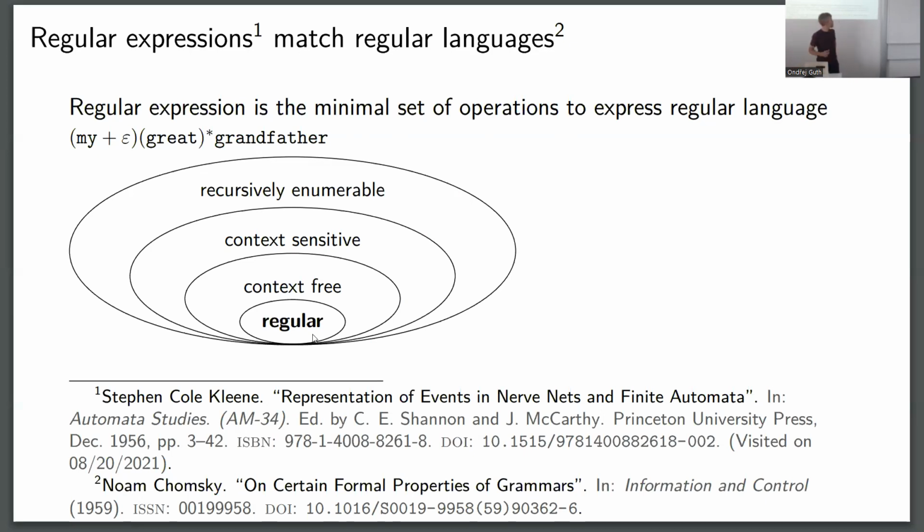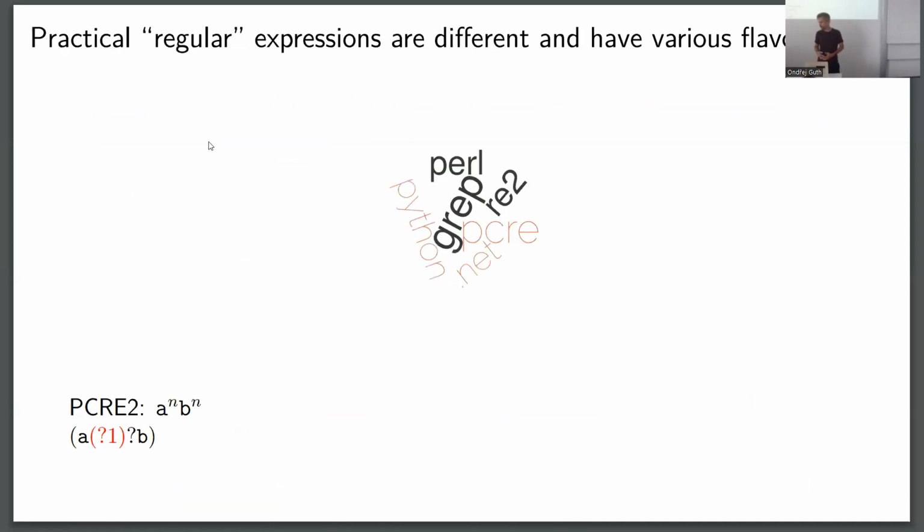This example says my great grandfather, for example, or great grandfather, because plus means alternative, asterisk means repeat. Okay, so this is a classical regular expression.